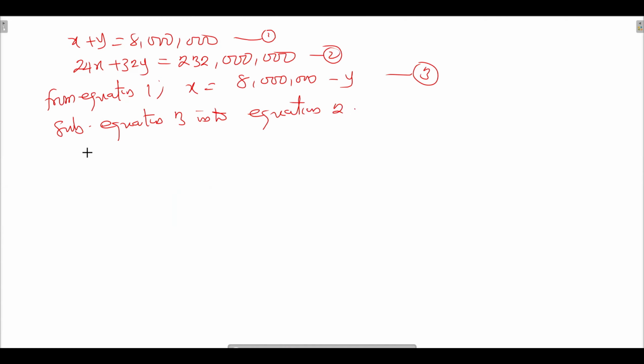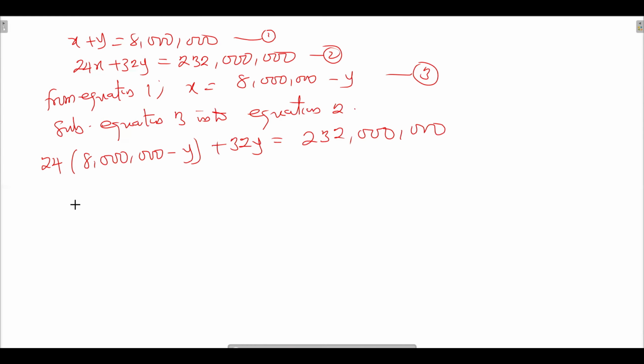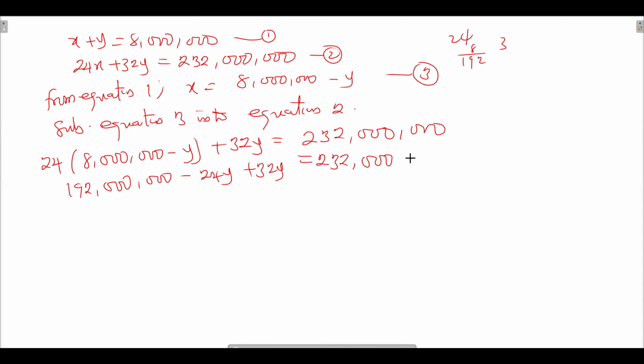So I put 8 million minus y, so that will be 24 into brackets 8 million minus y, plus 32y equals 232 million. And 24 times 8 million gives 192 million. So 192 million minus 24y plus 32y equals 232 million.